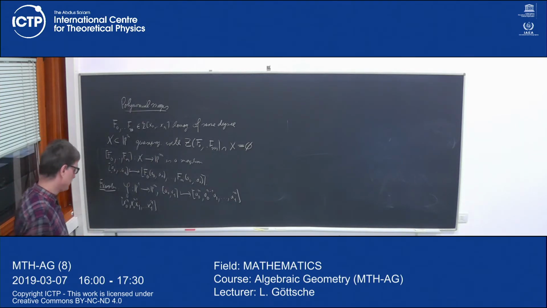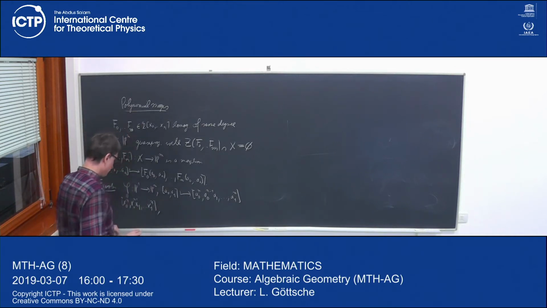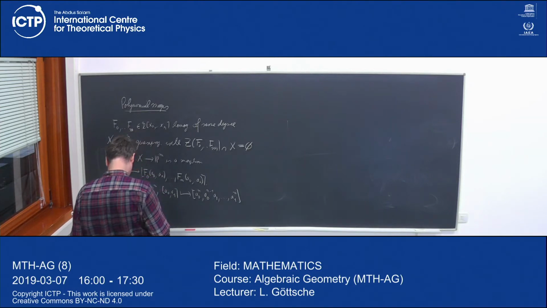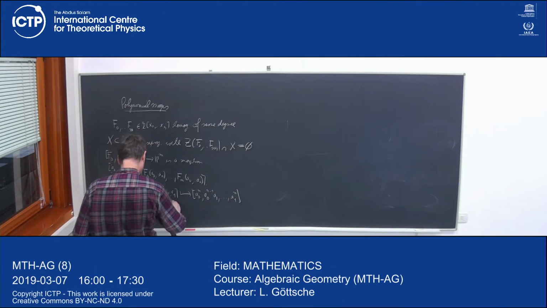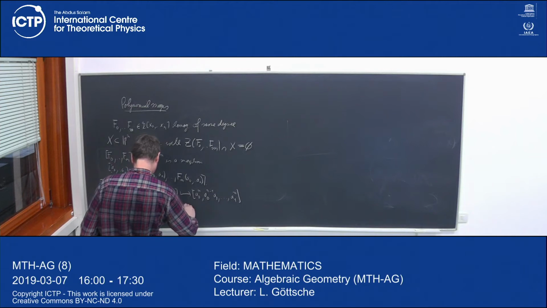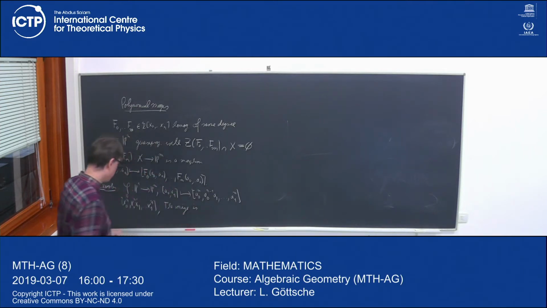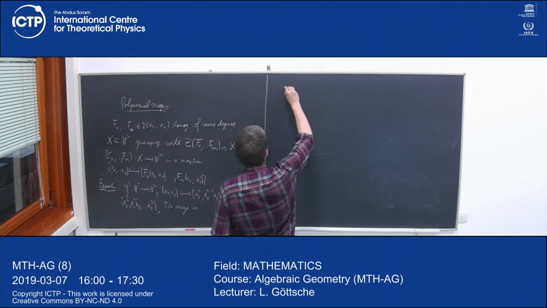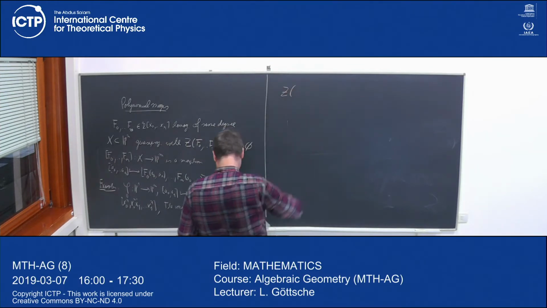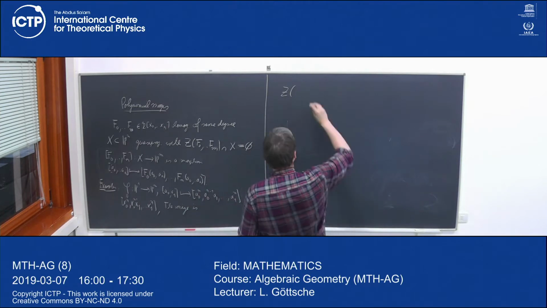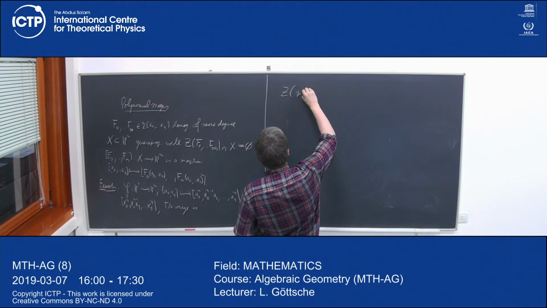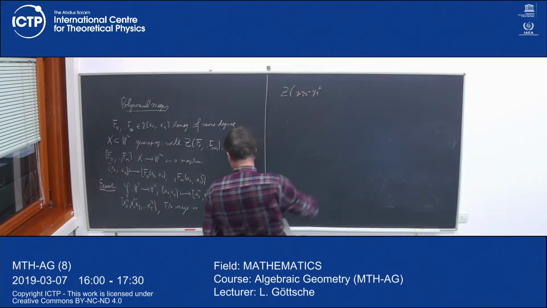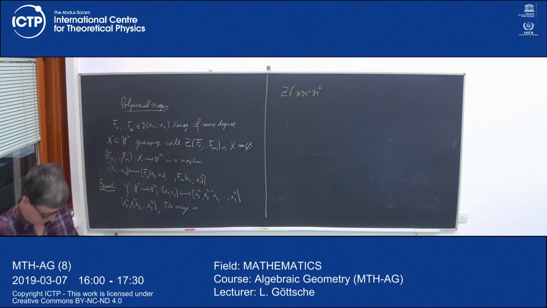Okay, in fact we can look at what the image is. What I claim is that the image is the zero set of the following polynomials. I can take y0 y2 minus y1 squared, if the yi are the coordinates on Pn.